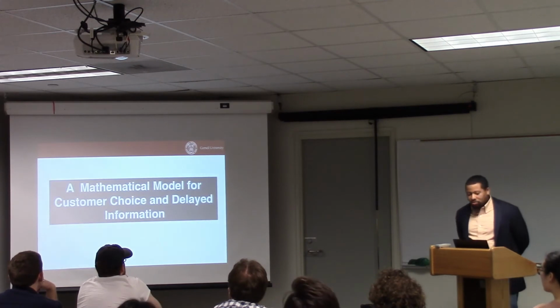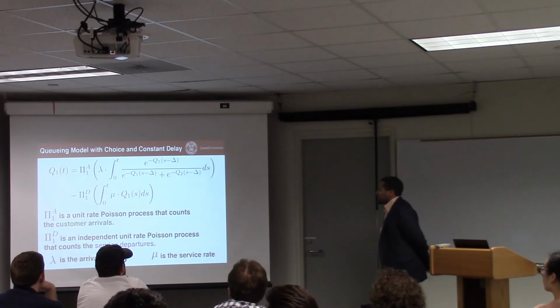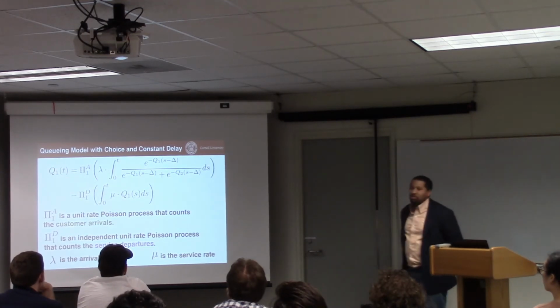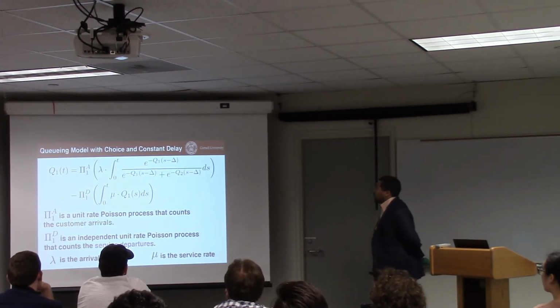So I decided to abstract this model a little bit. The idea is that we have a queuing system that measures how many people are going to take the lower level or upper level.